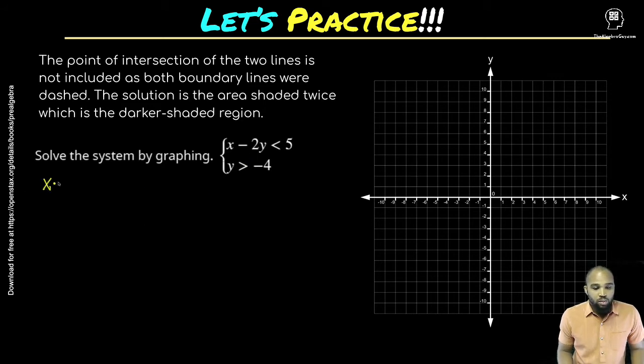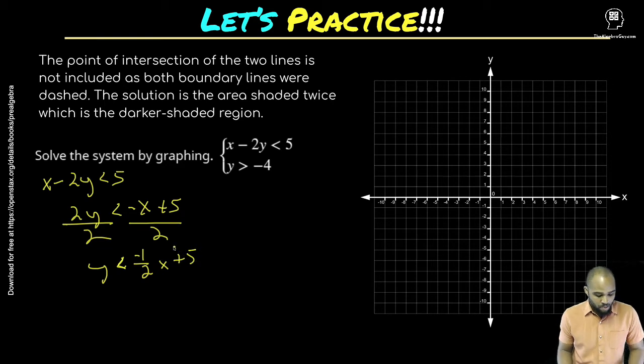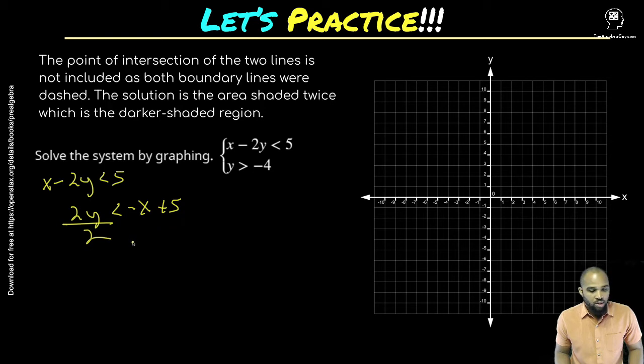I'm going to change this one to slope-intercept form. So 2y is less than, we're subtracting x on both sides, plus 5 divided by 2. Y is less than negative 1/2 x and 5 over 2. Alright, sorry, divide by a negative 2. Let me just go back because I don't want to mess that up, because that's a big part.